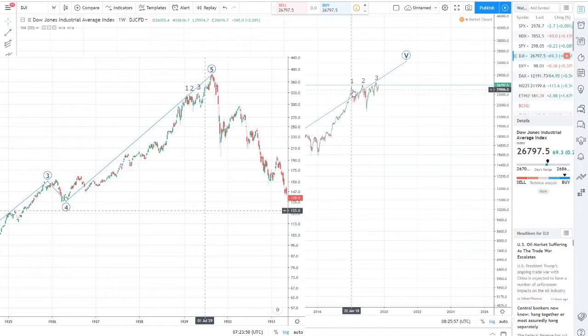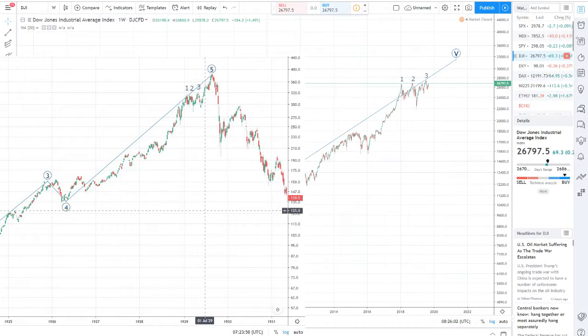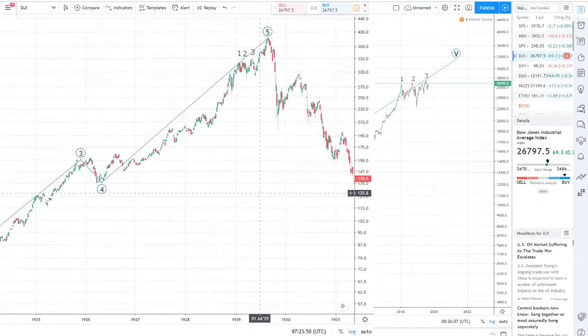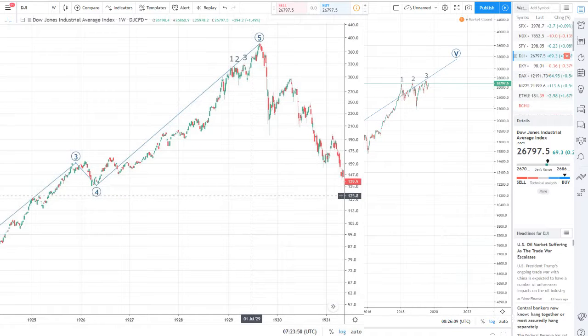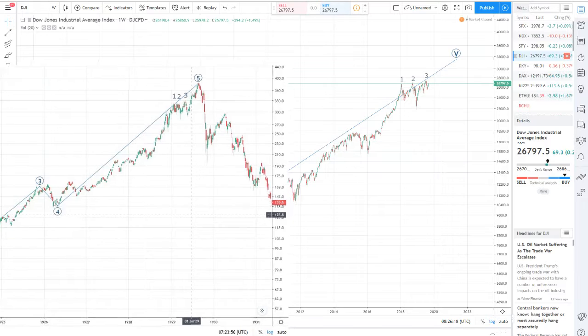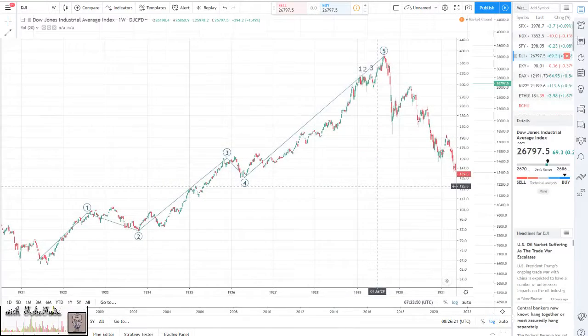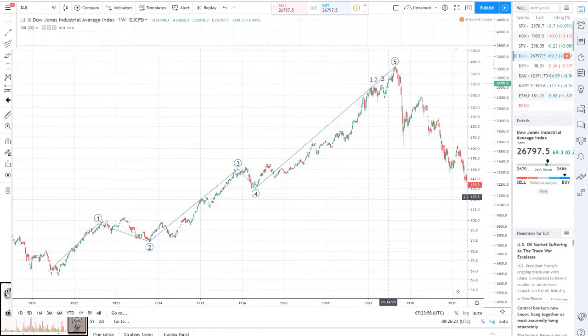And so you can see these 1, 2, 3 peaks here that I drew in, and I think that looks quite similar to what we saw in 1928, 1929, when we saw the stock market going a little bit further up and then basically kind of crashing. And because the impulse wave looks quite similar, we have this extended fifth wave, I thought it would be interesting to notice.